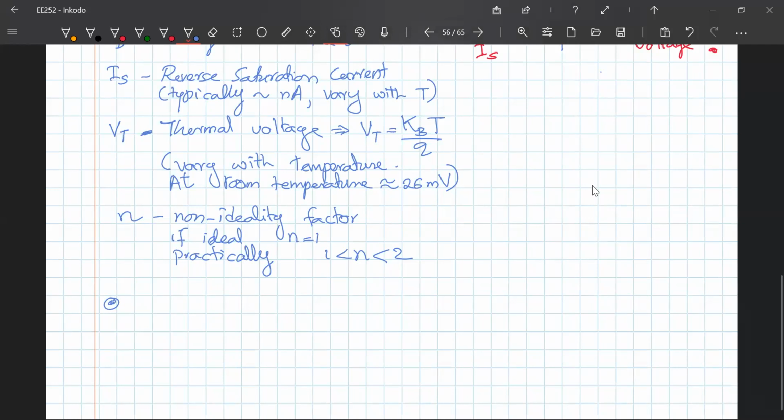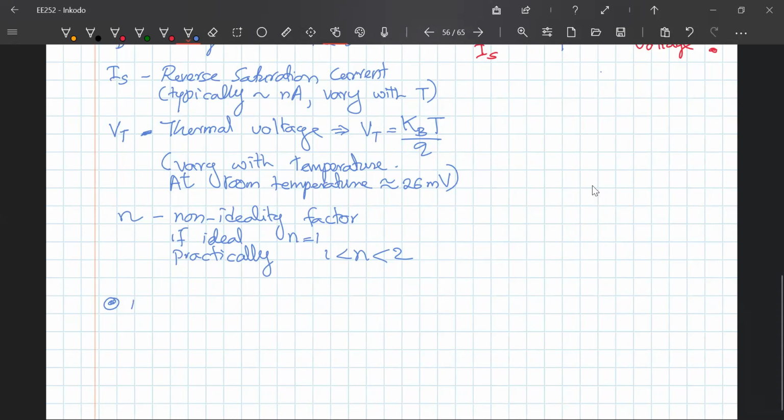You just do the problem. The only problem here is that this is a non-linear equation. So if you have to find voltage and current, then you have to solve a non-linear equation, a set of equations. So this is the issue. But nevertheless, you don't have to worry about whether it is positively biased or negatively biased.